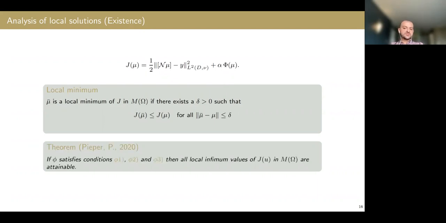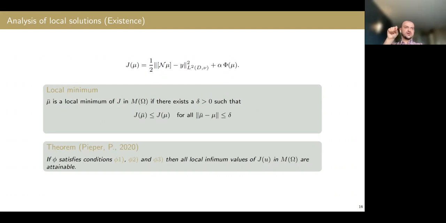So the first result that we proved was that if phi satisfies the conditions phi1, phi2, and phi3, then all local infimum values of the g mu are attainable. So if you look at the local neighborhood, you look at the infimum, then there exists a value which attains it.